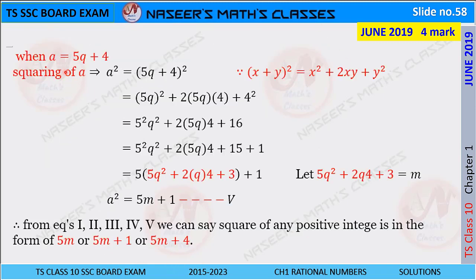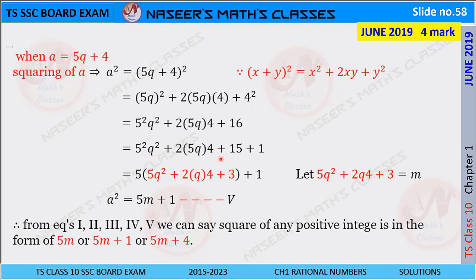When a is equal to 5q plus 4, then the square of a positive number a is written as a square is equal to (5q plus 4) whole square. It is in the form of (x plus y) whole square is equal to x square plus 2xy plus y square. By using this one, we can expand it as (5q) whole square plus 2 times 5q times 4 plus 4 square. Here 4 square means 16. 16 is written as 15 plus 1.